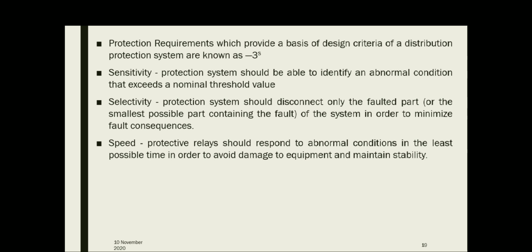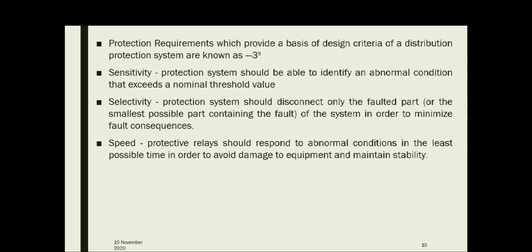Basically, the protection requirements provide a basis for the design criteria of a distribution protection system, which consists of the 3 S's: sensitivity, selectivity and speed. Sensitivity: a protection system should be able to identify an abnormal condition that exceeds a normal threshold value.